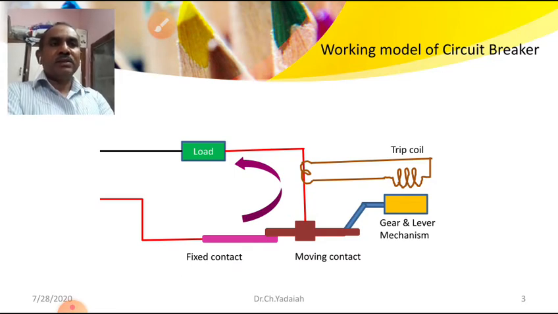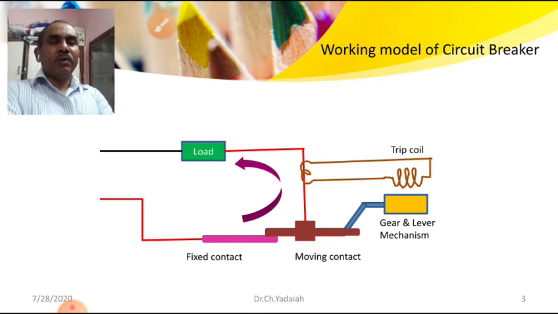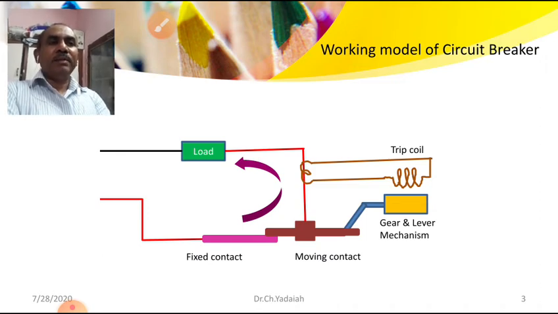To assist the mechanical mechanism, we are going to use the electrical system, that is the trip circuit, for finding any unwanted abnormal conditions in the system. The mechanism and trip coil we will see in detail later.